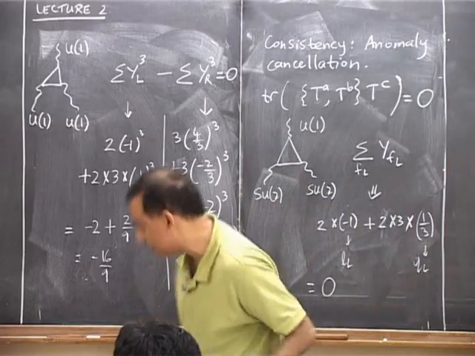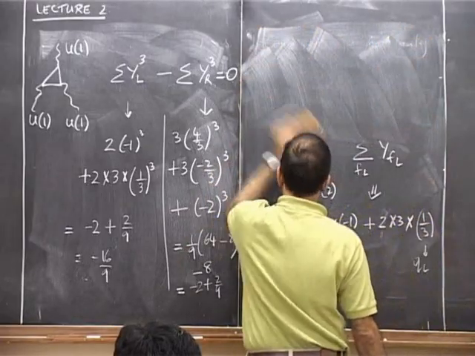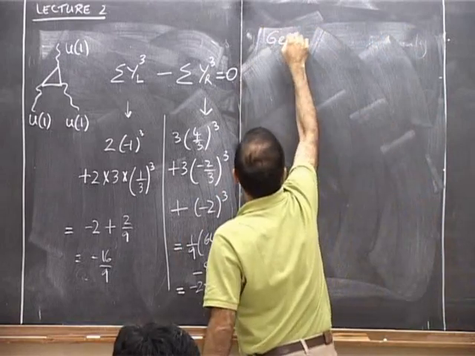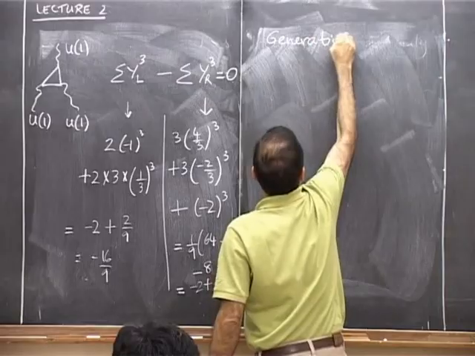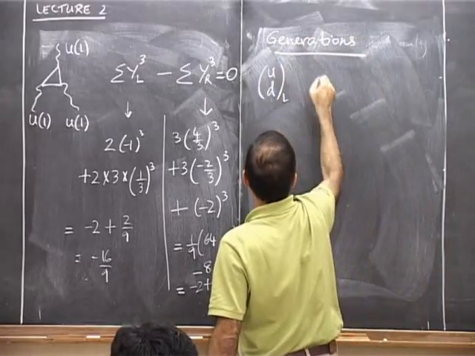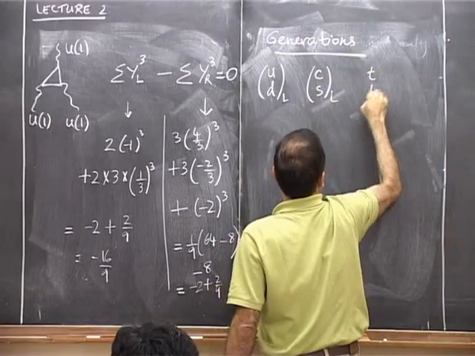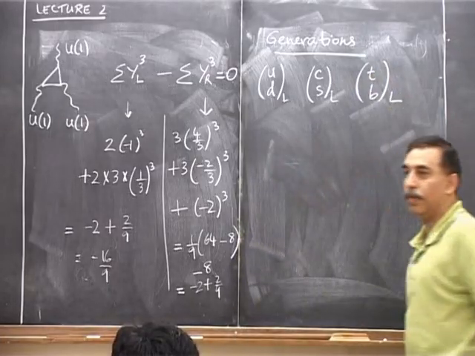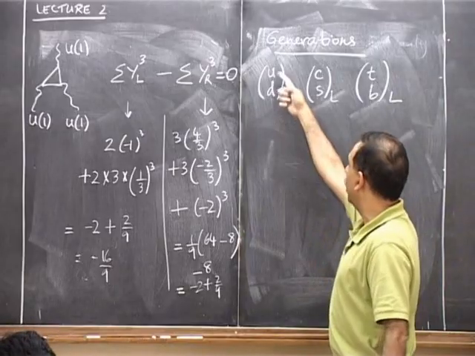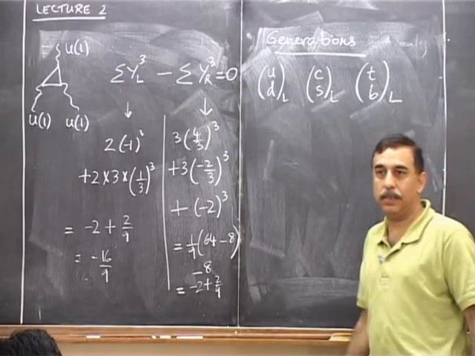So I have mentioned generations, so now it's time to talk about them. It's very easy of course to extend the standard model at this level by putting in more left-handed doublets. As it happens, experimentally we know that all of these have plus 2/3 and minus 1/3 electric charge.